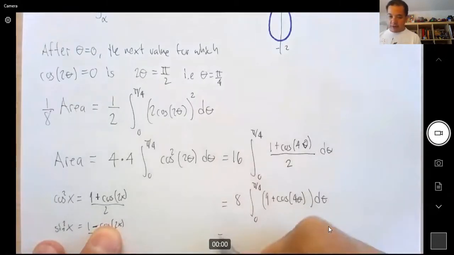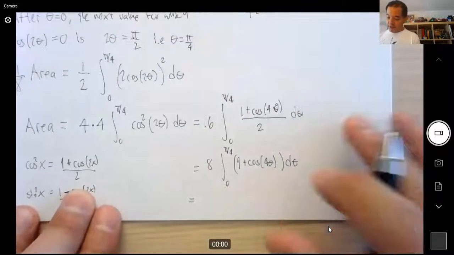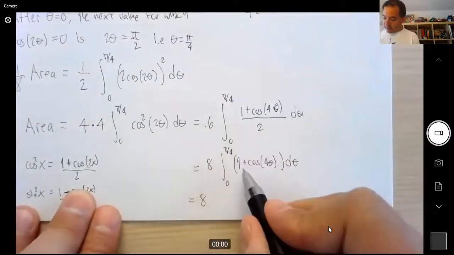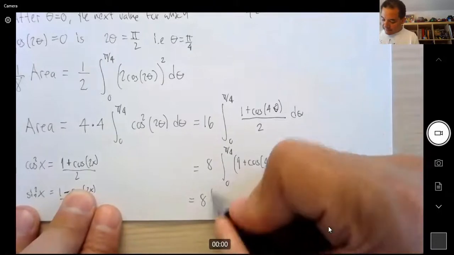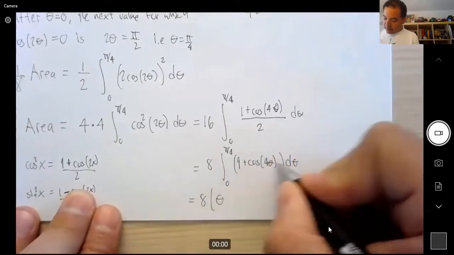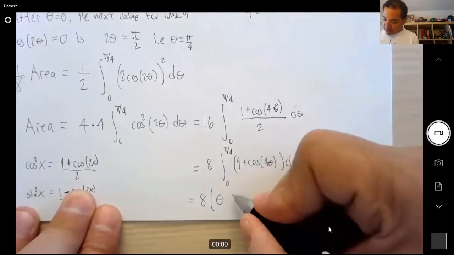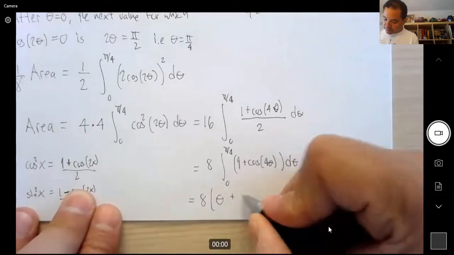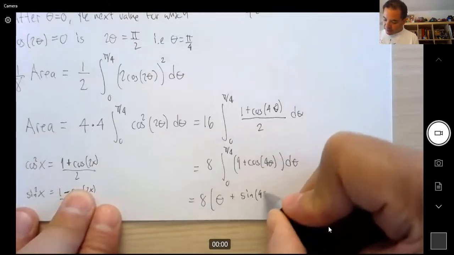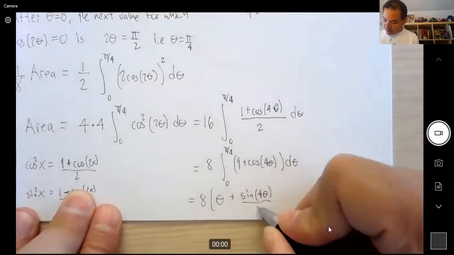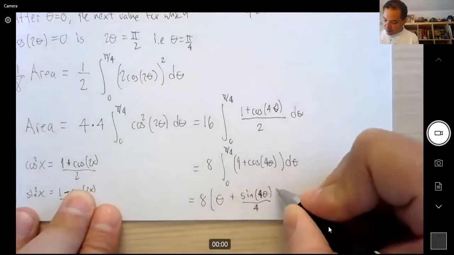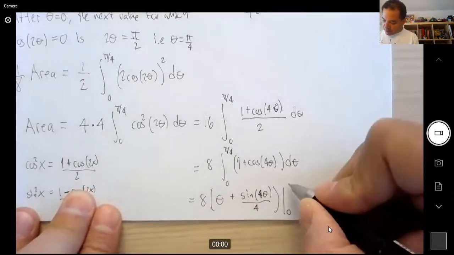And now we should be able to integrate. The integral of 1 is just theta. And the integral of cosine 4 theta is sine 4 theta over 4. And we're doing this from 0 to pi over 4.